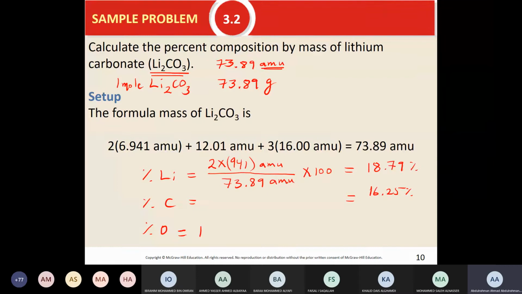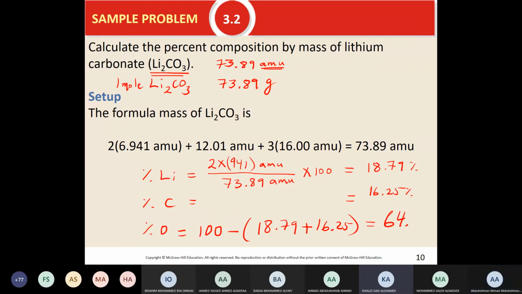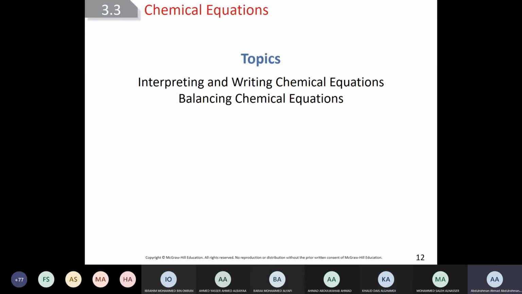It is 100 minus what? 18.79 minus 16.25. Give me an answer. 64.96. Is this clear? How easy? Very easy. Good. Okay. Next.